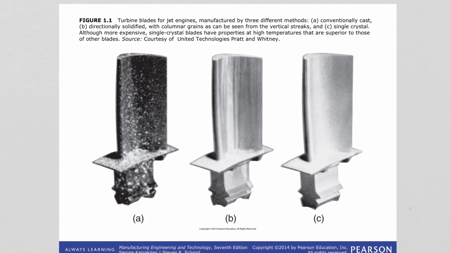Understanding the structure of metals allows prediction and evaluation of their properties, such as strength and stiffness, whereby appropriate selection for specific applications can then be made, right? For example, we see here turbine blades that are manufactured with 3 different techniques.